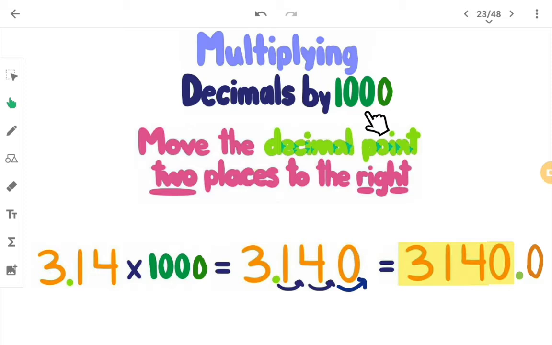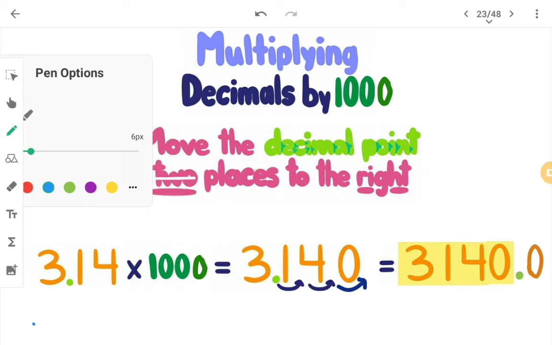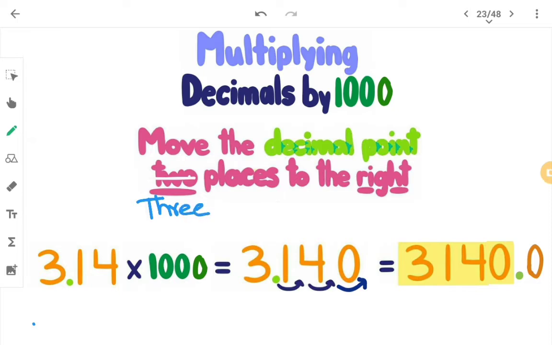Then multiplying a decimal by 1000. Here we are going to multiply with 1000. So how many places are you going to move the decimal point? We have to move 3 places, right? 3 places to the right.